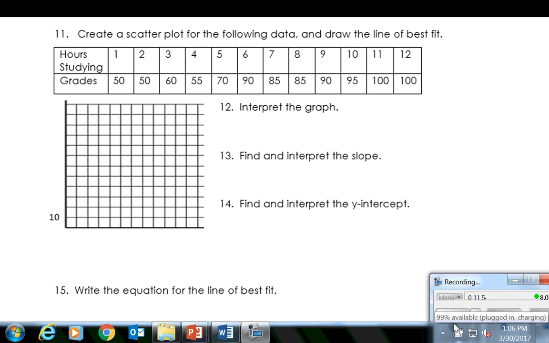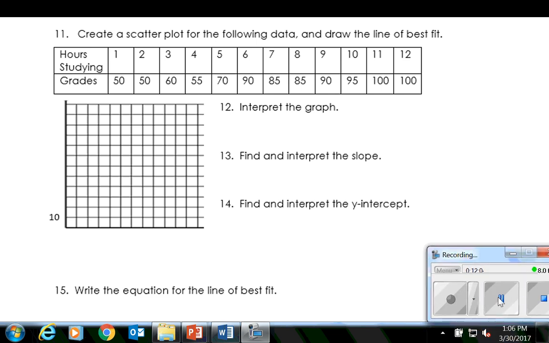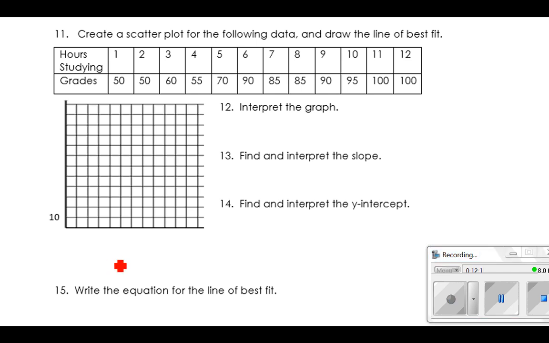For questions number 11 through 15, you're going to be using the data of our studying and grades. So the first thing you need to do is plot the points on the graph. First, we need to label the different parts. So we have our studying is the x, so hours, and the y value is your grades. And for hours, because it goes 1 through 12, I can just number 1 through 12.